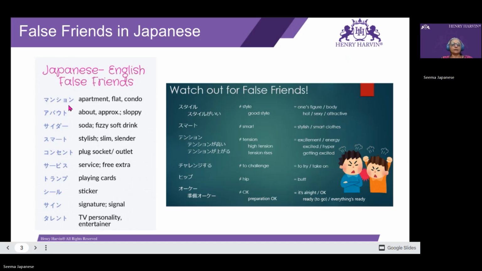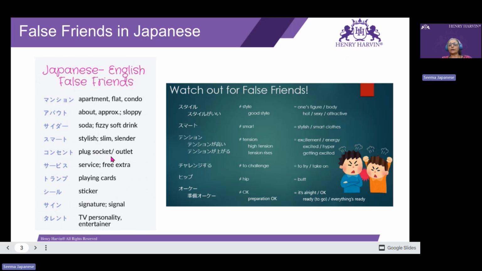It is an apartment, flat, or condo. Then abouto. So about, approx, or sloppy. Then saida. Saida means fizzy soft drink, right? Then sumato. Sumato is stylish, slim, slender. Okay. Then consento.